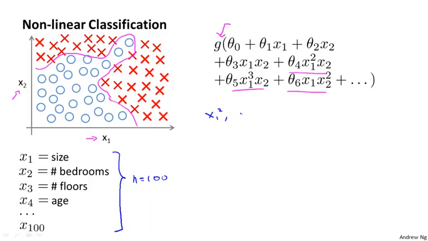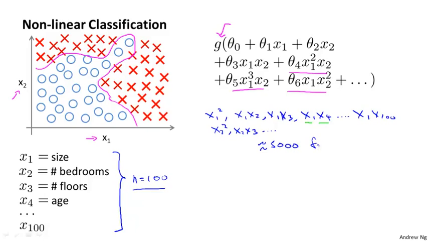There'd be terms like x1 squared, x1 x2, x1 x3, x1 x4, up to x1 x100, and then you have x2 squared, x2 x3, and so on. And if you include just the second order terms, that is the terms that are a product of two of these terms, x1 times x4 and so on, then for the case of n equals 100, you end up with about 5,000 features.